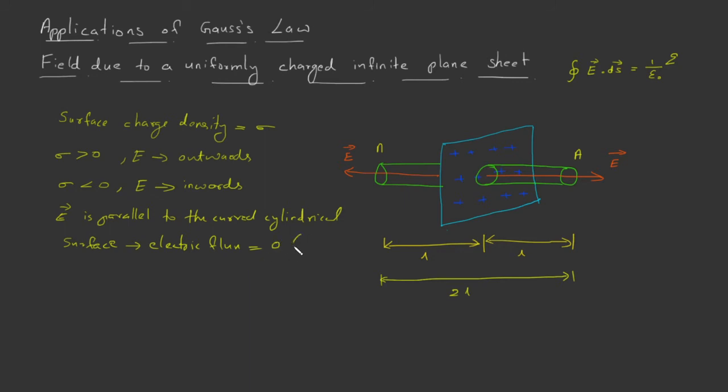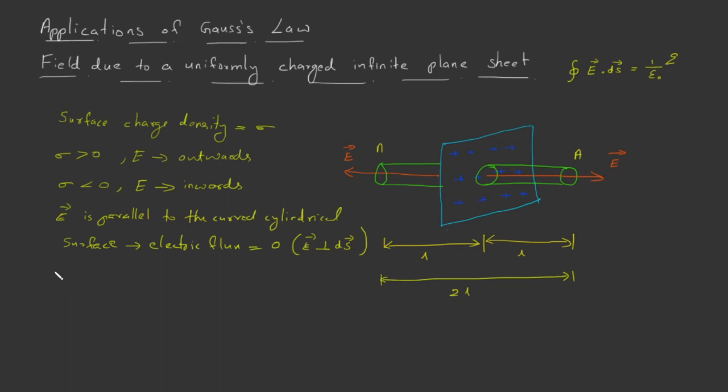This is because the direction of electric field is perpendicular to the direction of ds, that is the normal to the ds element here on the curved cylindrical surface. That makes theta 90 and E dot ds 0. Therefore, the electric flux through the curved cylindrical surface of this cylindrical Gaussian surface is 0.